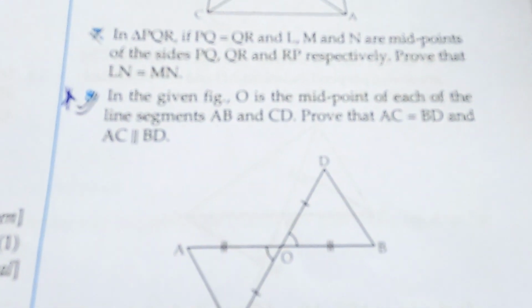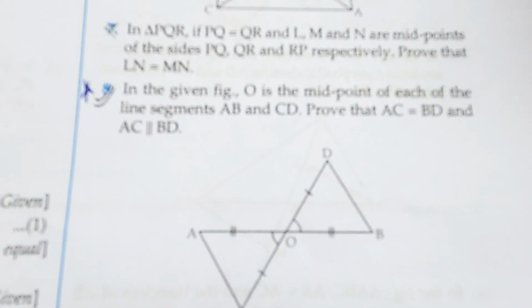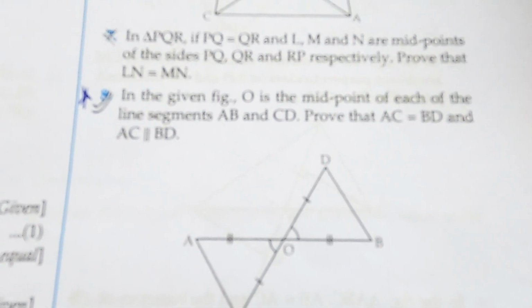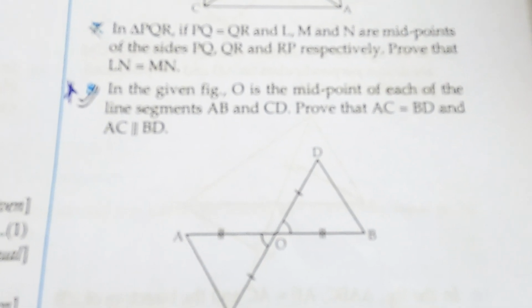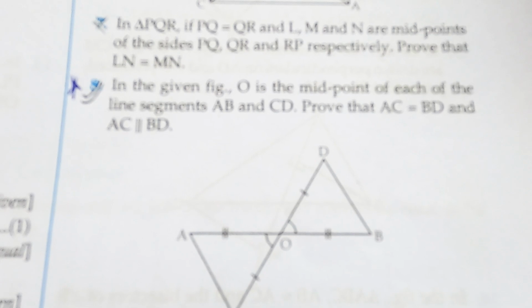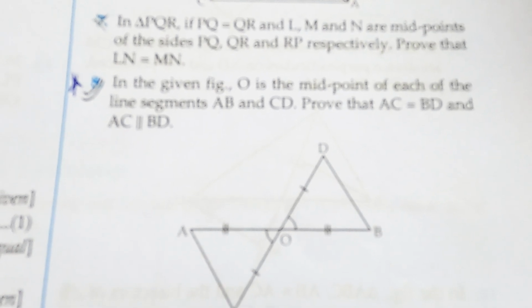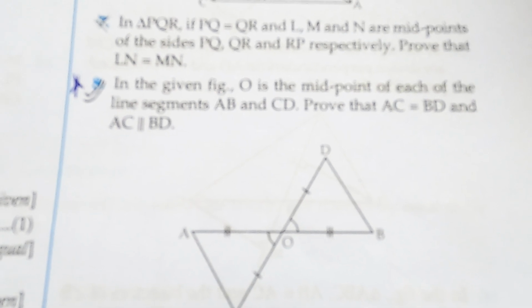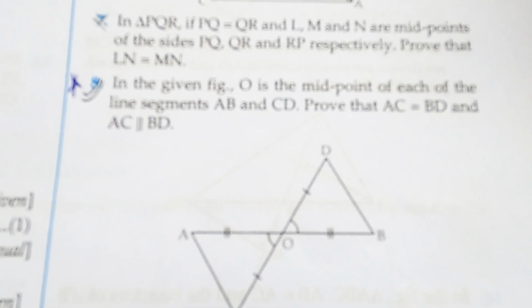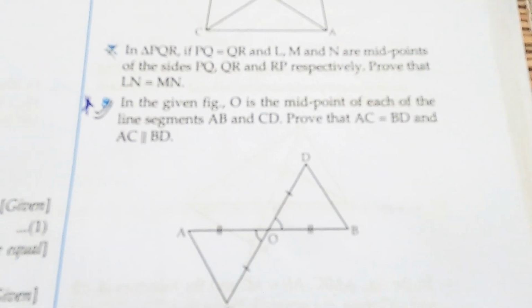All right, students, so we'll be doing the last question, that is question number 8. All right, for this exercise. So in the given figure, O is the midpoint of each of the line segments AB and CD. So prove that AC is equal to BD and AC is parallel to BD.